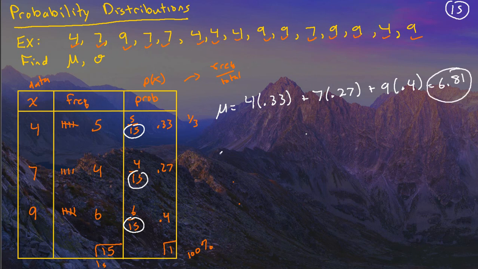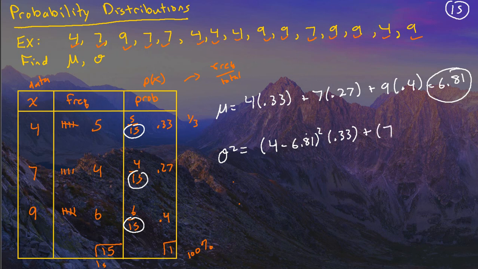All right, now in order to find standard deviation, I need my variance. We're going to do our variance in much the same way. The way to do variance was to take each data and subtract from it the mean. So I'm going to start that way. 4 minus 6.81. We would square it, but now what we're going to do is multiply by the probability that that happens, that we select a 4 as our data.